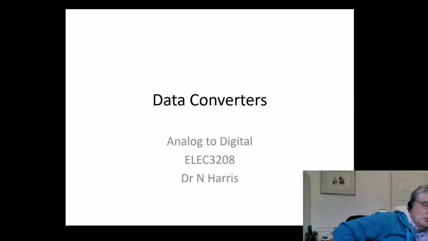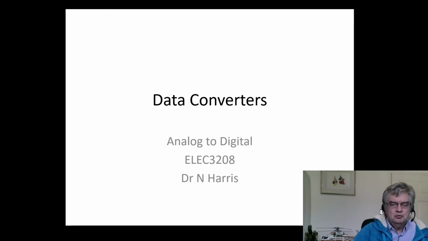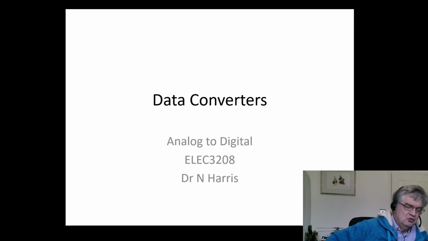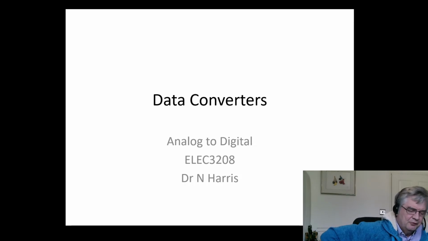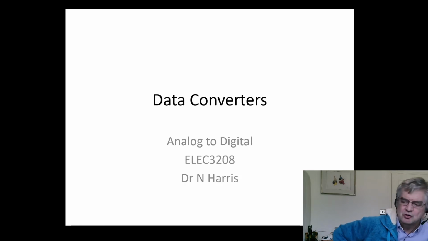Okay, so we've got 2 more topics to cover, loosely called data converters. So these are analog to digital and digital to analog. So I'm sure you've done a little bit of this already, but we'll be again starting from nothing, whizzing through, and we'll end up with looking at something called sigma delta converters, which are some quite nifty little ideas, and it allows us to introduce the idea of noise and how to get rid of it, or at least how to reduce it.